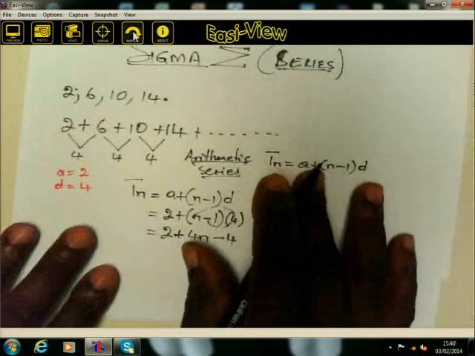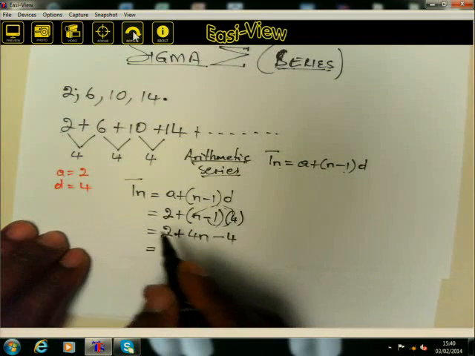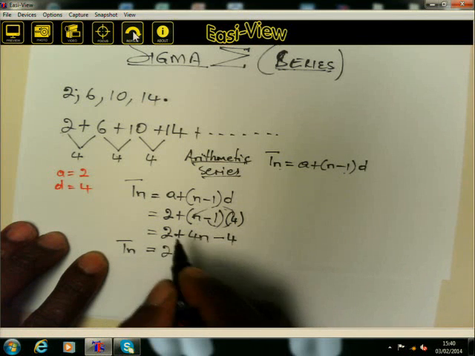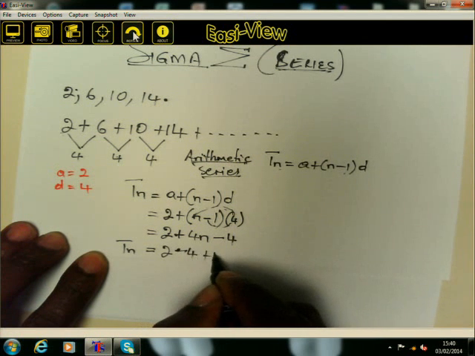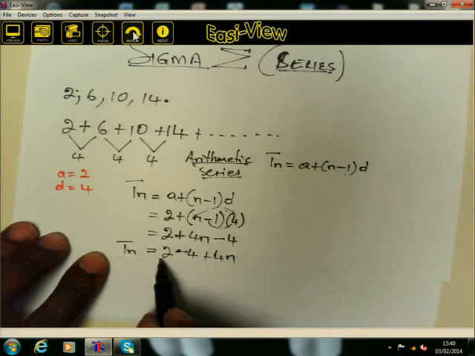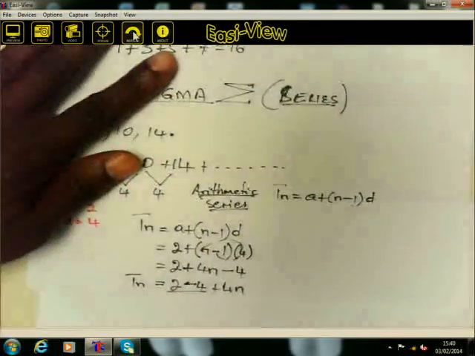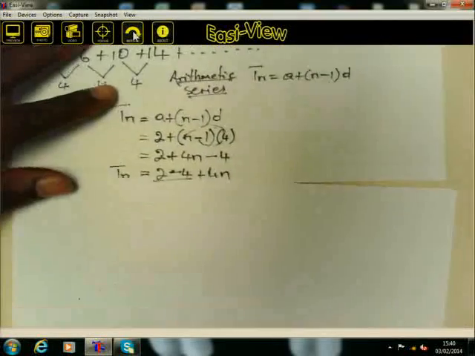So our general term Tn for that becomes 2 minus 4 plus 4n. When we group this so that we can subtract them, they are like terms, they are constants.